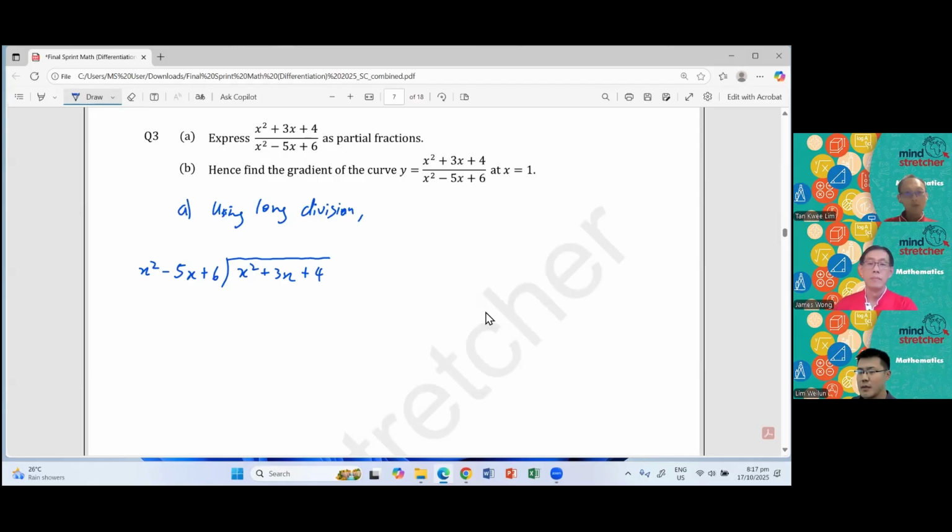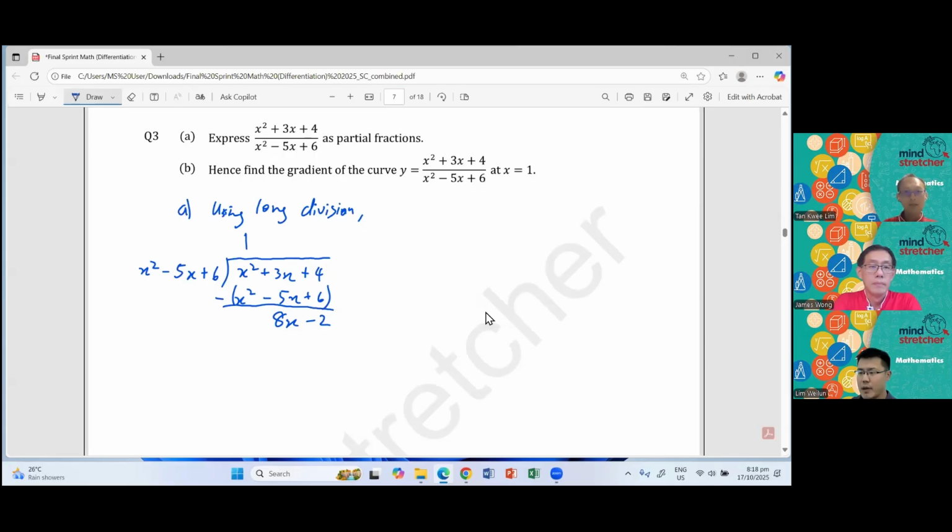So what you will have here is actually just 1. And what is it? It is actually x squared minus 5x plus 6. So there's a minus of this. So you end up being left with 8x minus 2.